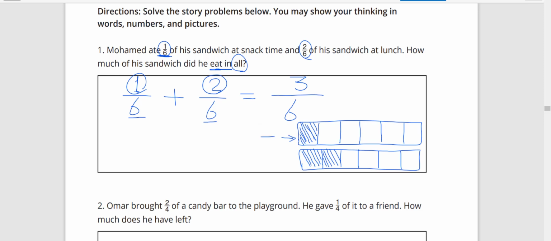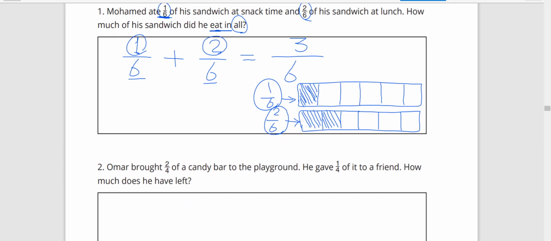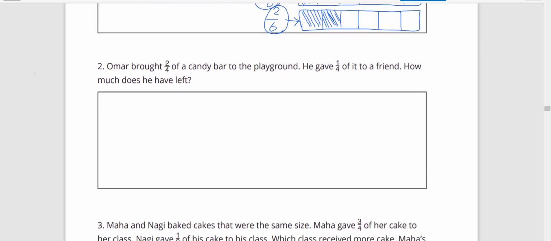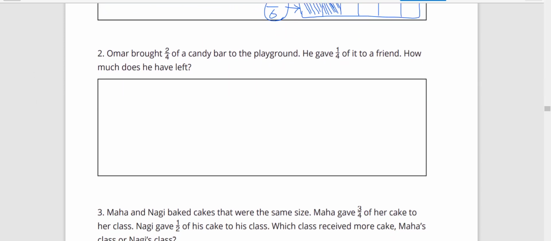Each part is one sixth and two parts is two sixths. So he eats three parts of six, three sixths of the sandwich.